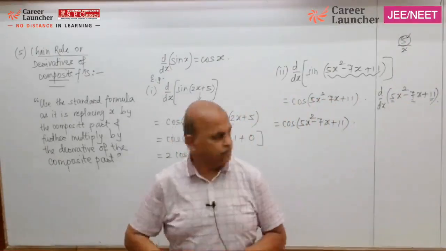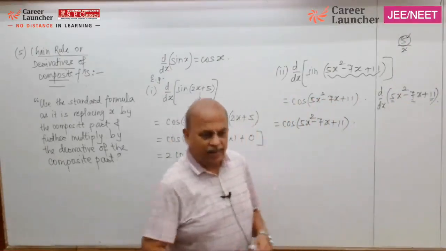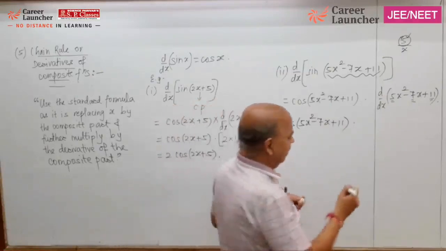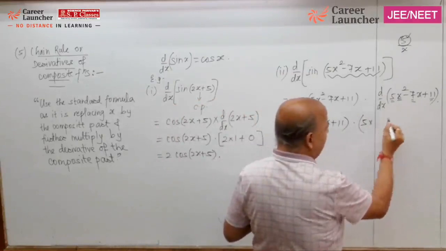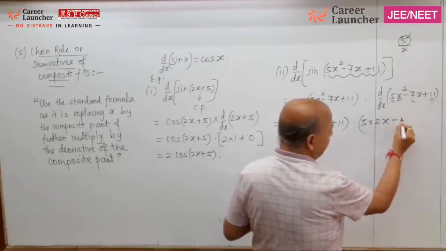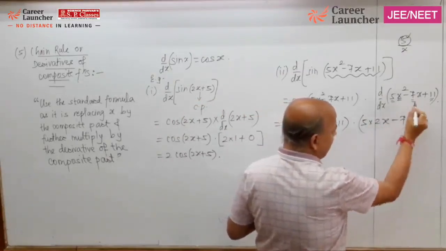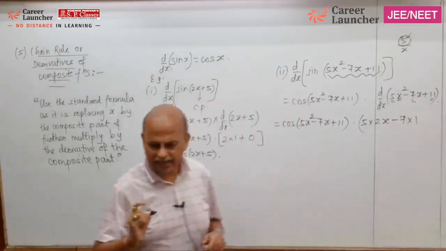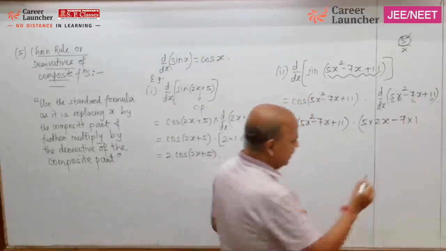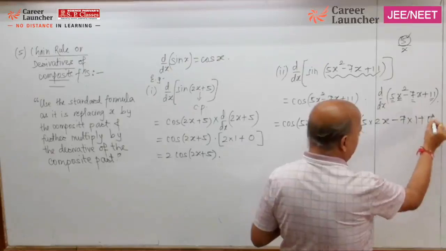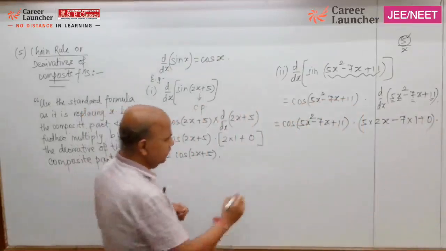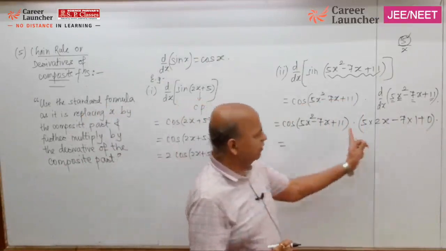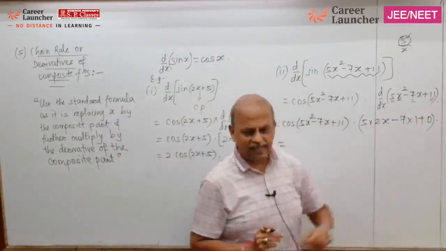Now tell me what the derivative will be. I told you for a coefficient there is no formula: 5 as it is, the derivative of x square is 2x. Minus 7 as it is, the derivative of x is 1. Plus 11 is a constant, so its derivative is 0. So ultimately this full thing is 10x minus 7.